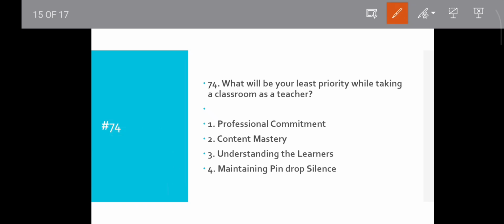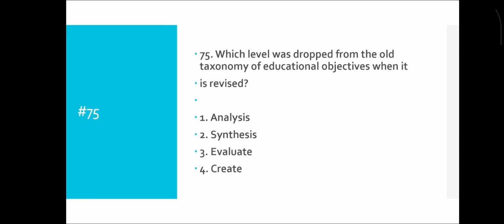What will be your least priority? The least priority means you have to give most priority to professional commitment, content mastery and understanding the learner. The least priority is maintaining pin drop silence. So option 4 will be the correct answer. Move to the next question.